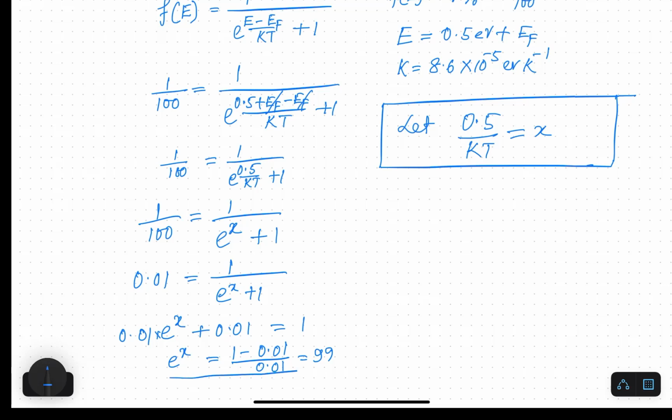So the equation is e to the power of x equals 99.